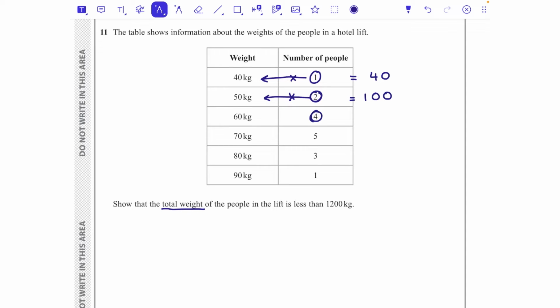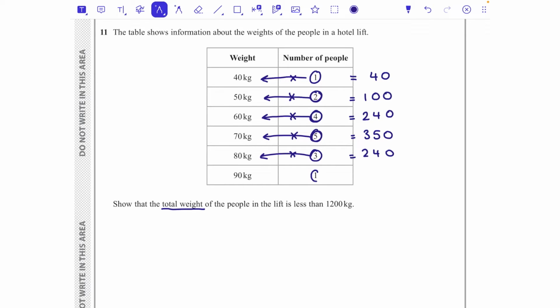Then I've got 4 people that each weigh 60. 60 times 4 is 240. Then I've got 5 people that each weigh 70, and that's 350. I've got 3 people that each weigh 80, which is another 240.